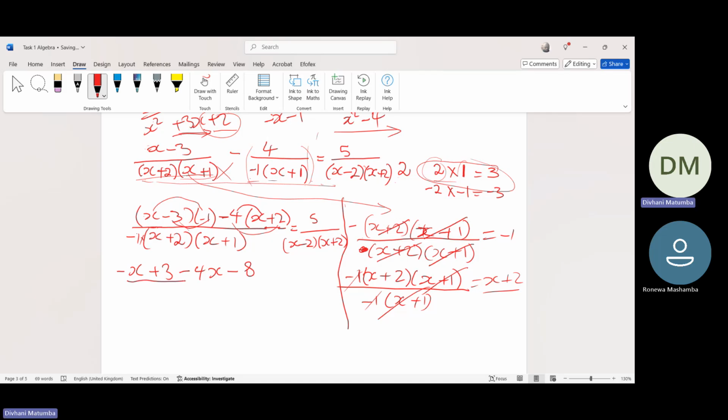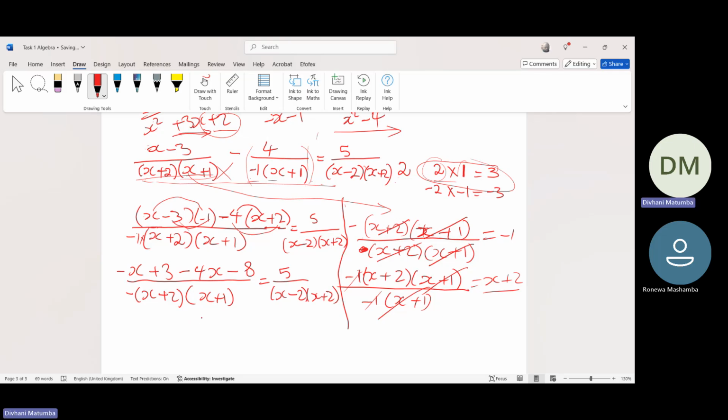So I have simplified the numerator on the left-hand side. And this is equal to minus x plus 2, x plus 1, all equal to 5 over x minus 2, x plus 2. Okay.